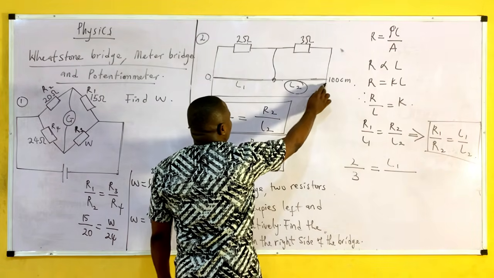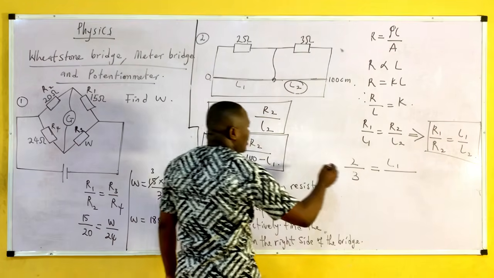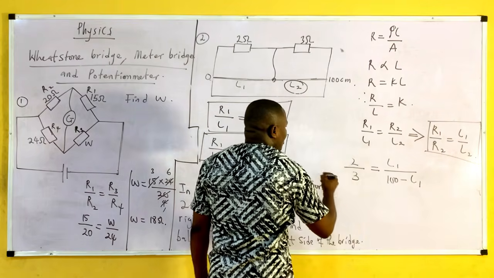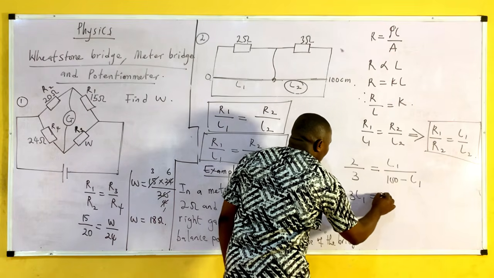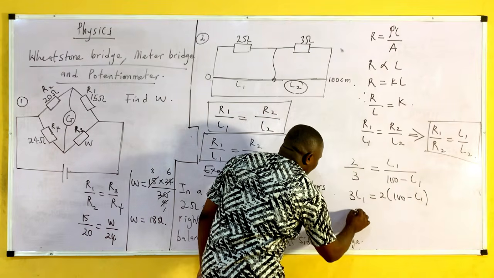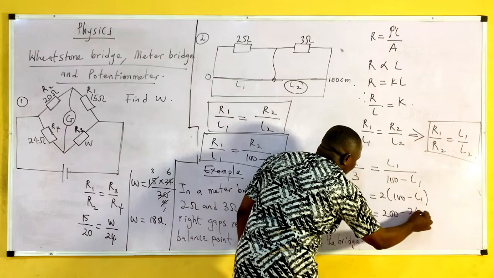I don't know that either, so I will make it 100 minus L1. Cross multiplying, I have 3L1 is equal to 2 open brackets 100 minus L1. So this becomes 3L1 is equal to 200 minus 2L1.